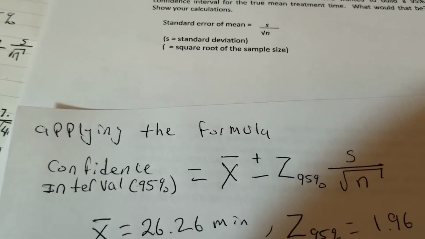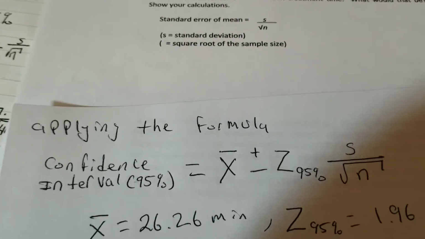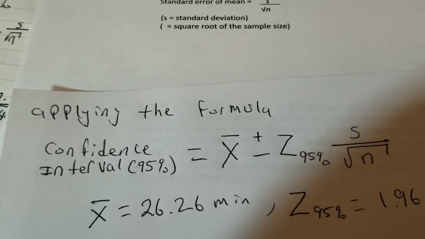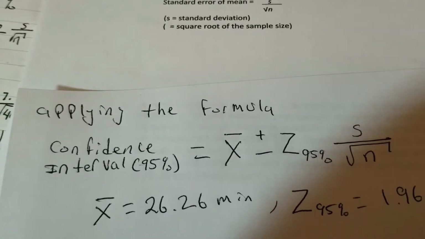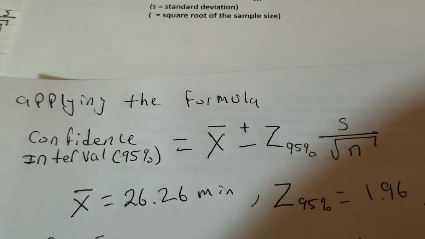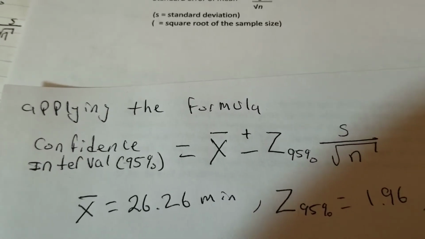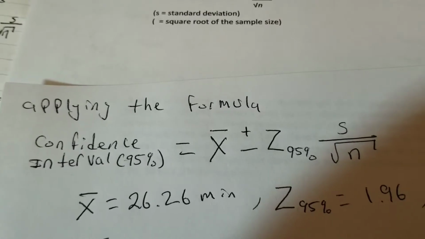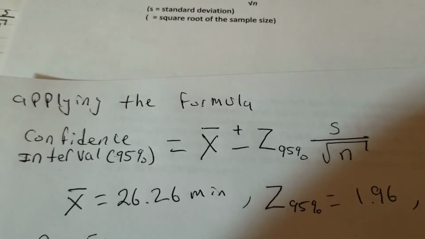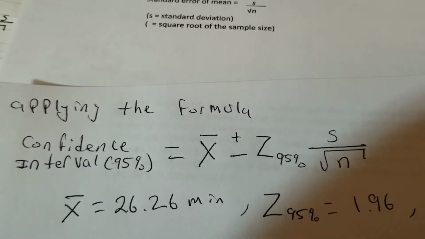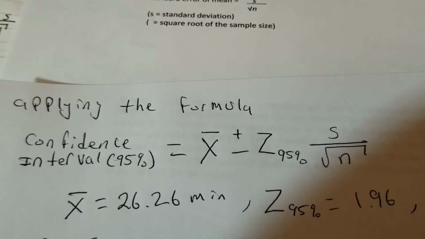Okay, so now we want to apply the formula. The formula basically says the confidence interval of 95% is going to be equal to my mean time plus and minus z of 95 times the sample standard deviation divided by the square root of the number of samples.